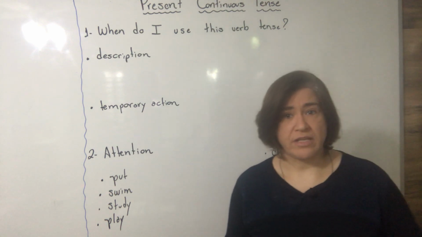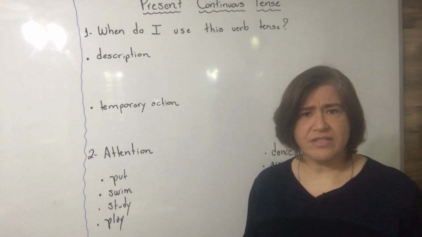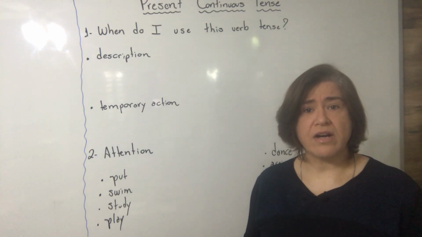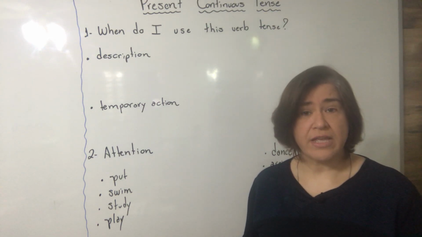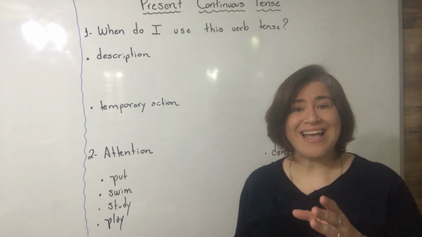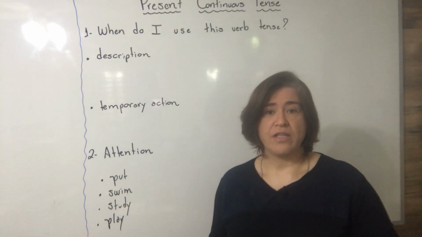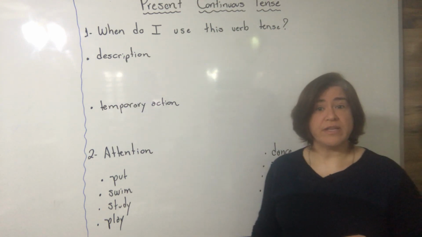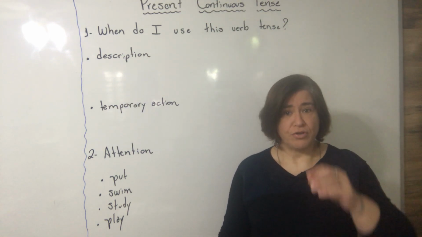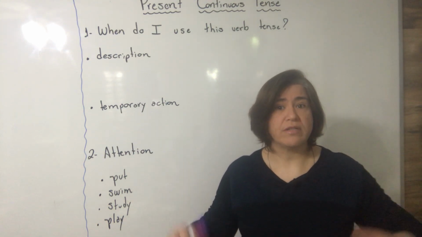Present continuous is very used when we are in descriptions, okay? For example, I ask you, what are you wearing now? And you describe to me, Luciana, right now I am wearing a suit.